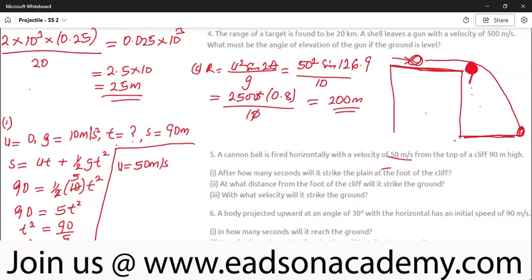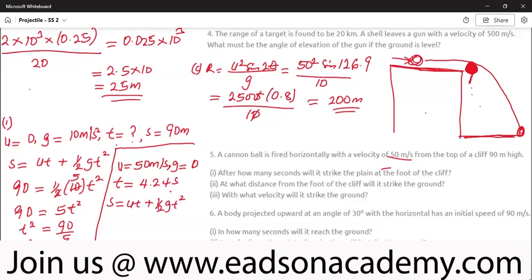However, the horizontal component of motion does not depend on gravity. So g is zero. Then what else do we need? We need the time taken for the ball to fall from that height. And the time taken, we just calculated it to be 4.24. So t is 4.24 seconds. So using this same equation, s equal to ut plus half gt squared, in this case g is zero.